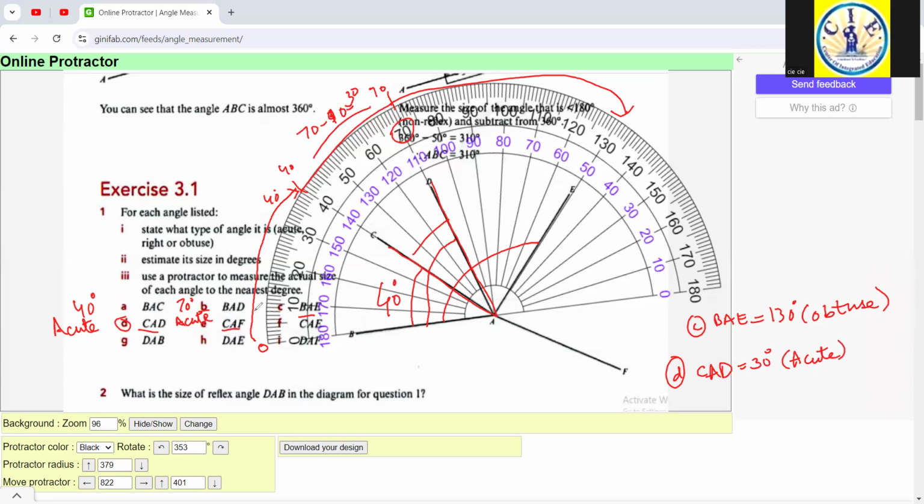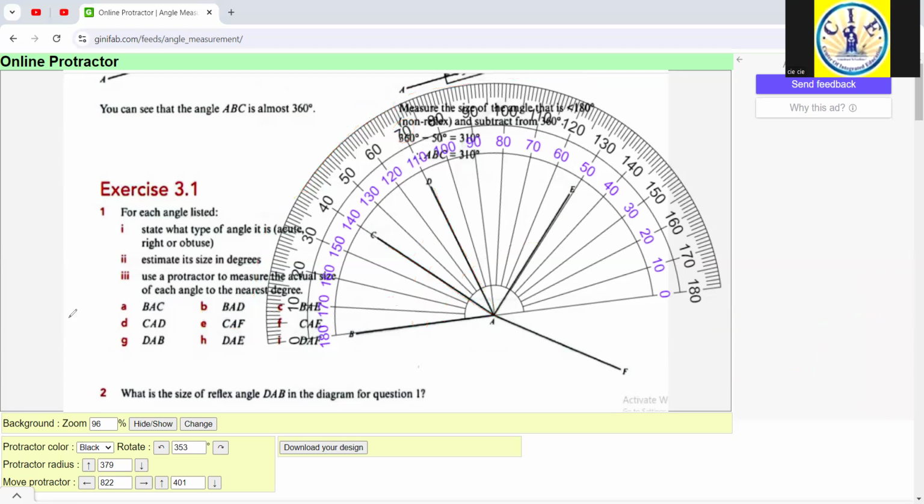Now CAF in part E. Here is C, here is A, and here is F. This seems to be just like a straight line, but it isn't actually.